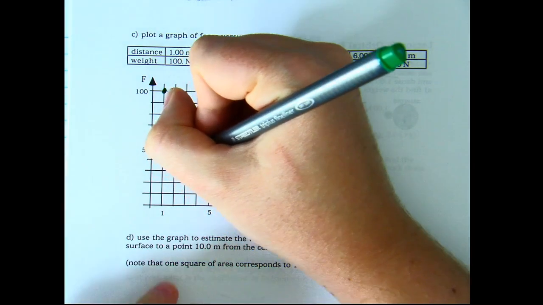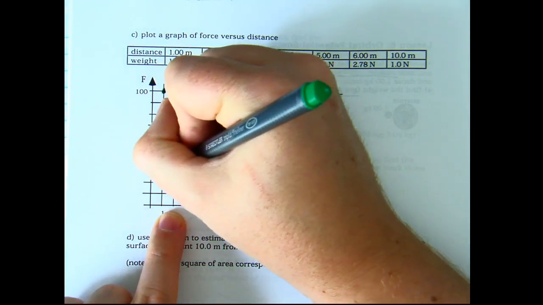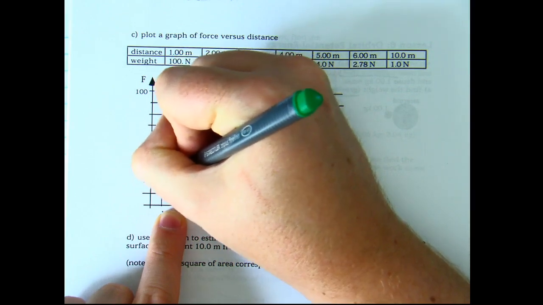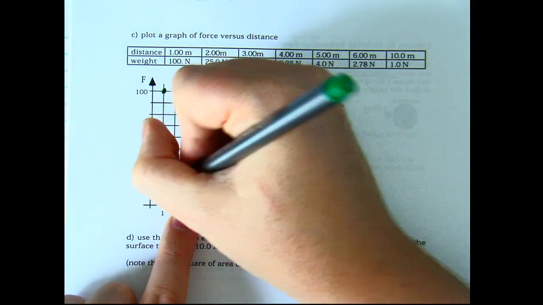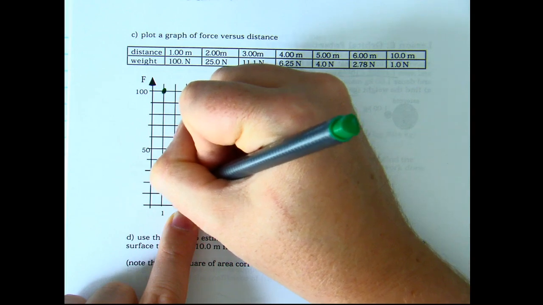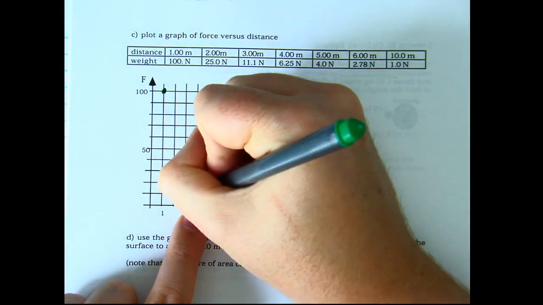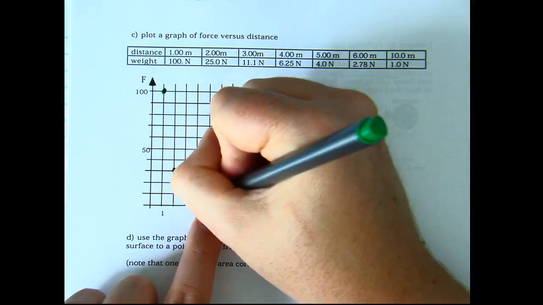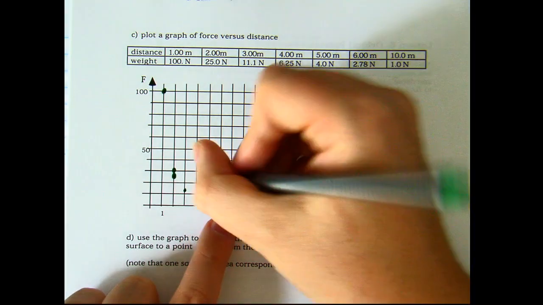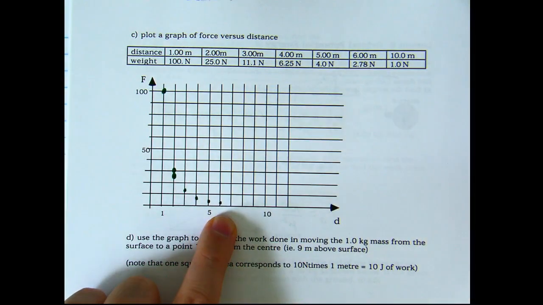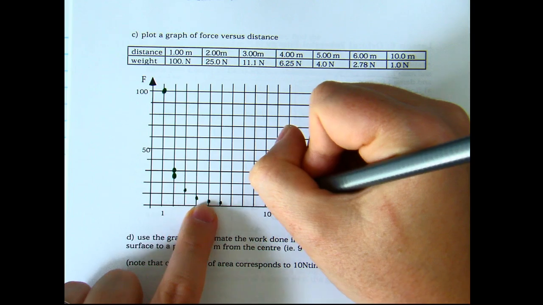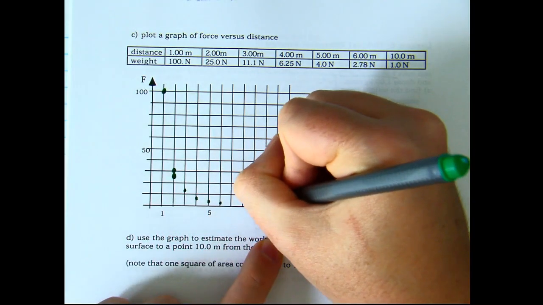At the 3 meter mark, we were at 11.1. At the 4 meter mark, we're at 6.25. At the 5 meter mark, we were at 4. At the 6 meter mark, we were at 2. At the 10 meter mark, we were down at 1.